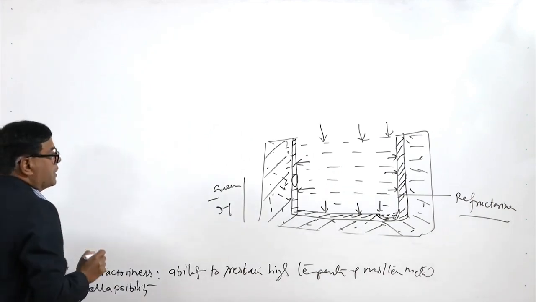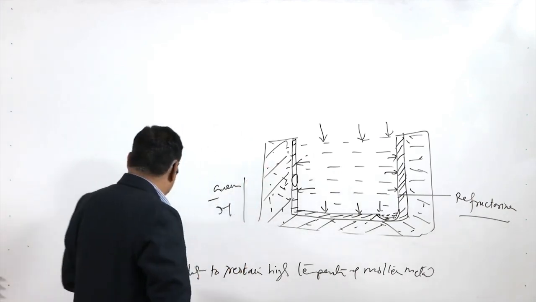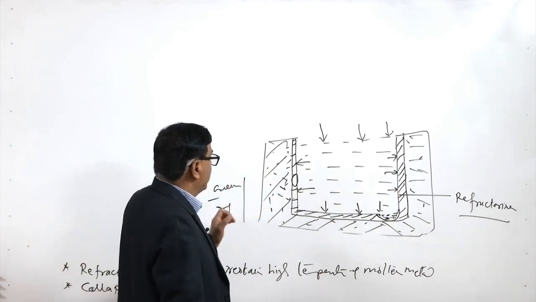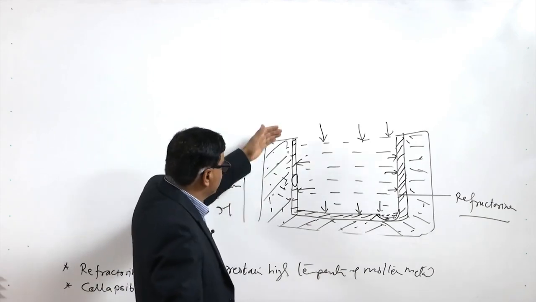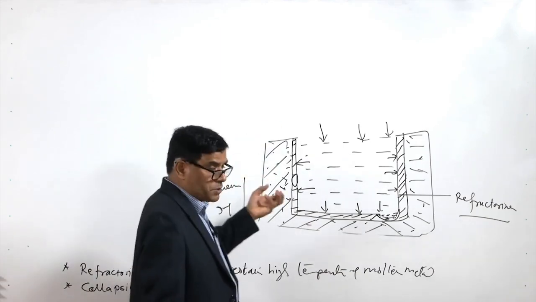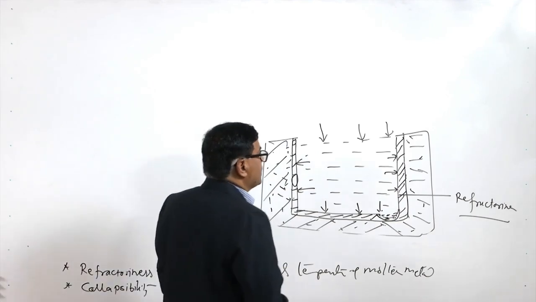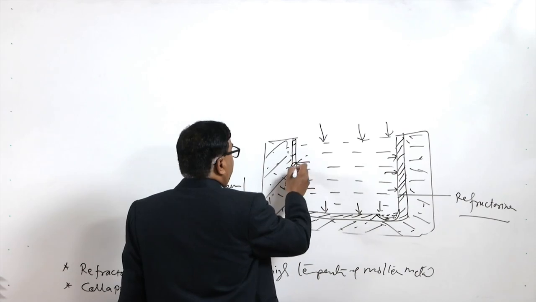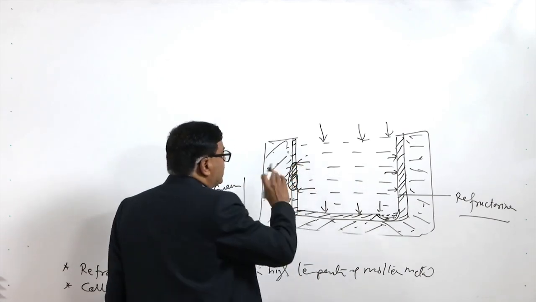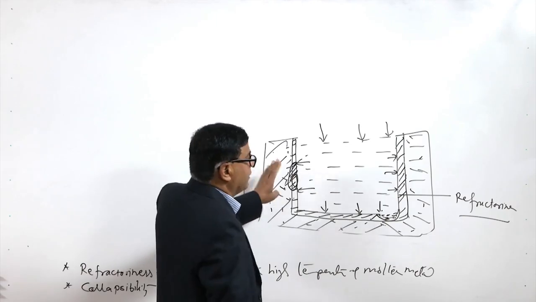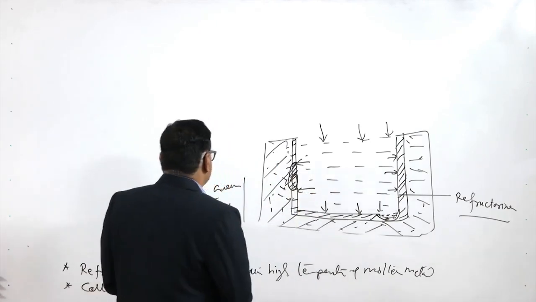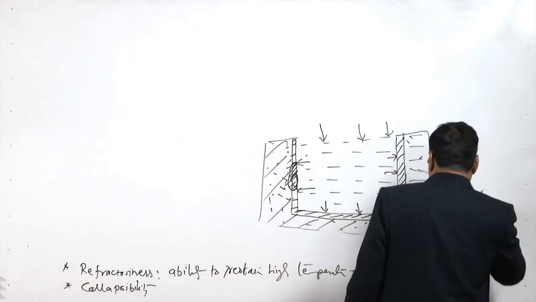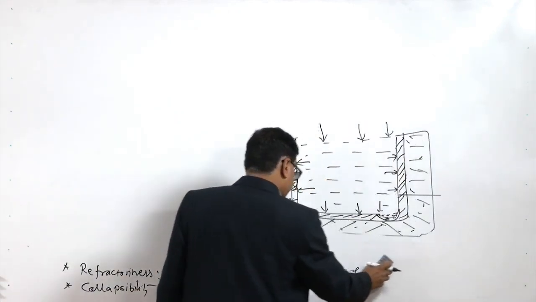This fusion can be avoided only if the sand mold has the required refractoriness, meaning it can sustain the high temperature without getting fused with the molten metal, because once the fusion of the mold wall starts, it will form part of the casting, and the shape of the casting will also get modified. This will be a situation of wastage of the material as well as a change in shape of the casting.